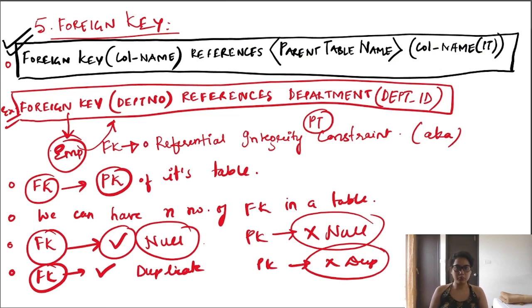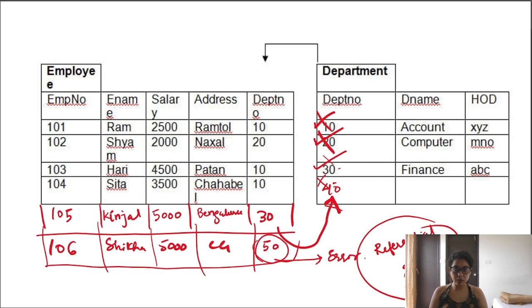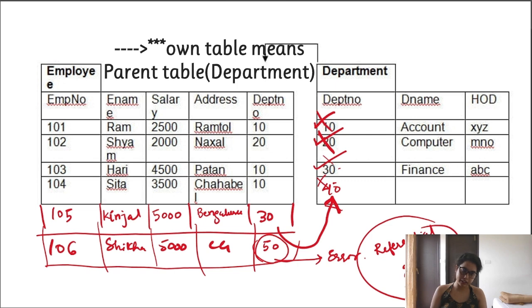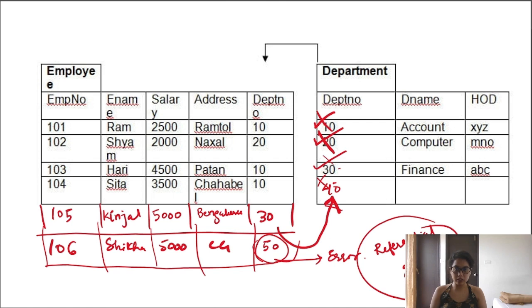And one more thing, foreign key is also known as referential integrity constraint. And what is it? Whenever you want to insert a record for a foreign key, first it will check whether this particular value exists in its own table or not. If it does not exist, it will throw an error and won't allow you to insert this record in your employee table. Which type of error? Referential integrity constraint.